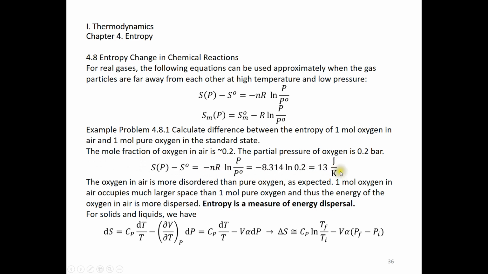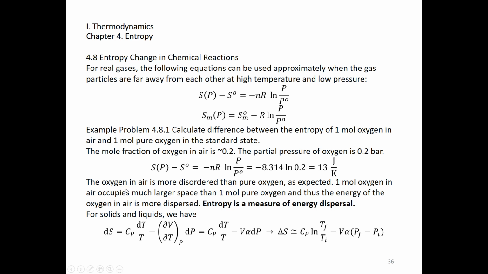This means 1 mole oxygen in air has a larger entropy than pure oxygen in the standard state. How much larger? 13 joule per Kelvin larger for 1 mole oxygen in air versus 1 mole pure oxygen in the standard state.